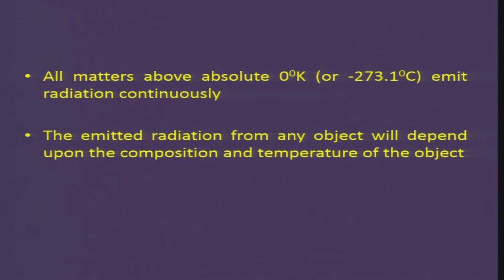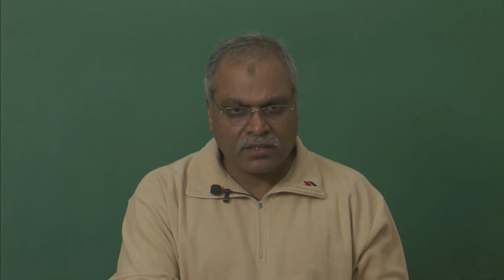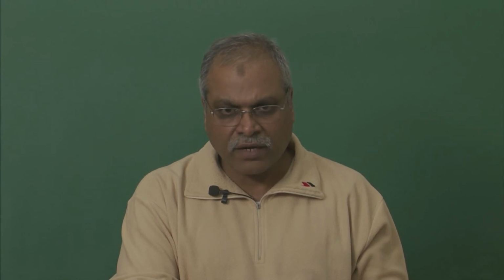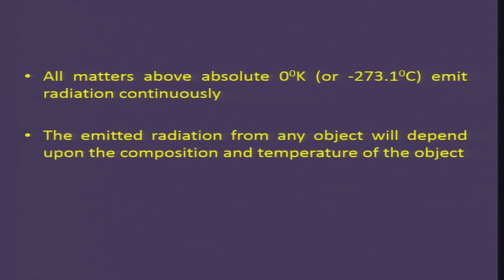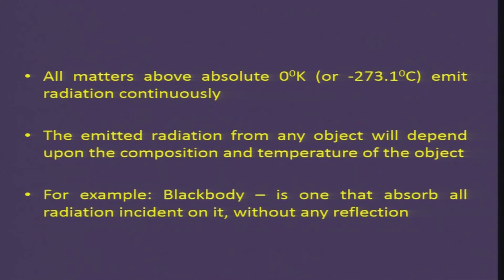If you have a very heated or hotter object, you will have different radiation; if you have a cooler one, you have different radiation. For example, a black body is one that absorbs all radiation incident on it without any reflection.